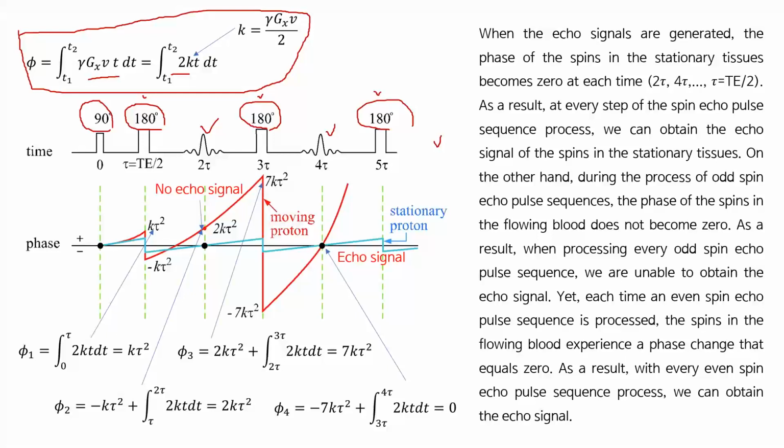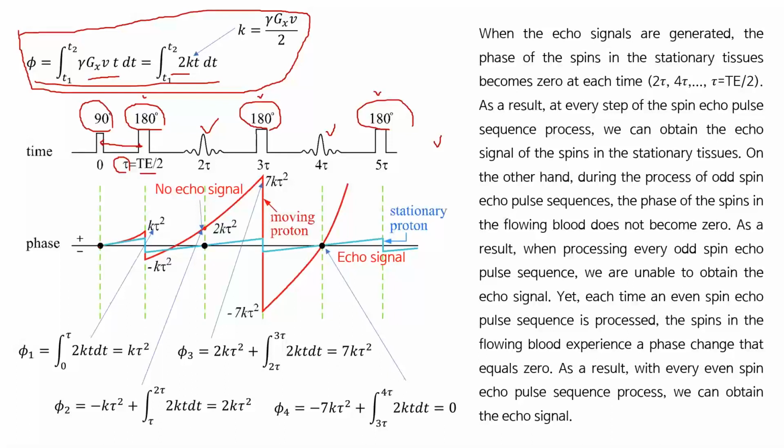Now let's see the phase change using this relation. At this moment, phase is 0, so no phase change here. And then from here to here, the time between these two pulses is denoted by tau.